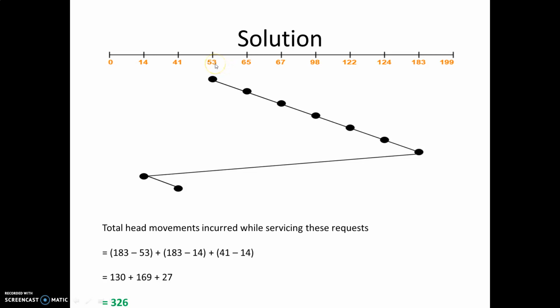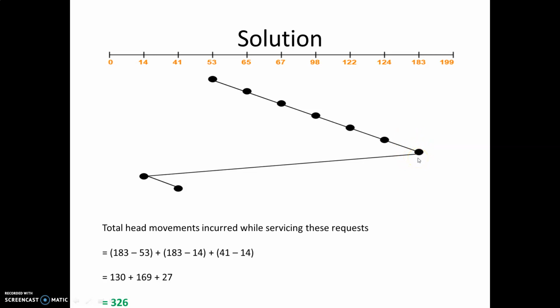We start from 53 as it is our initial point. The next larger request in the request queue is 65, and after 65 the next larger request is 67, then 98, and so on up to 183.